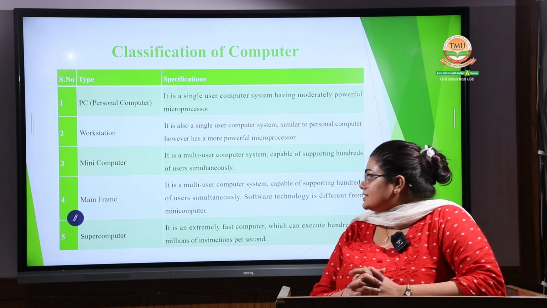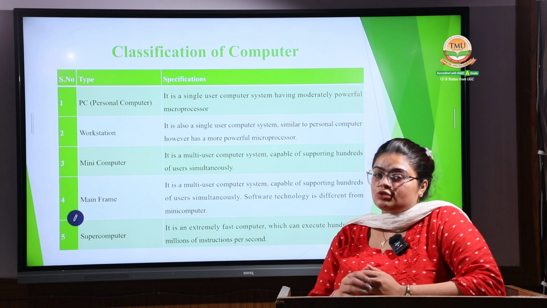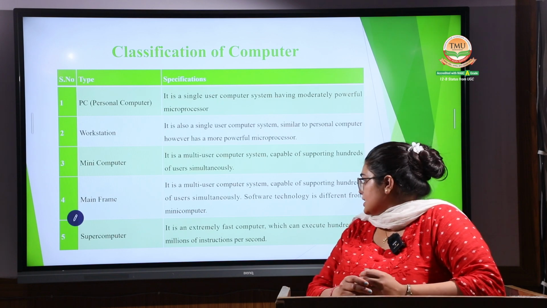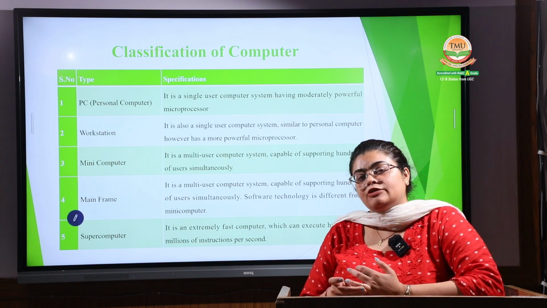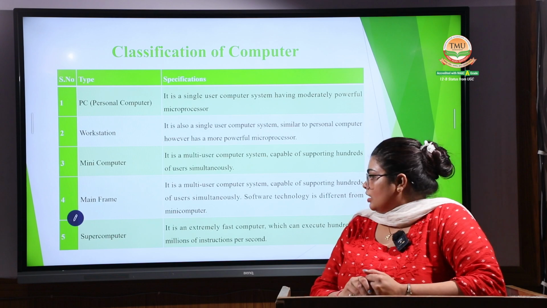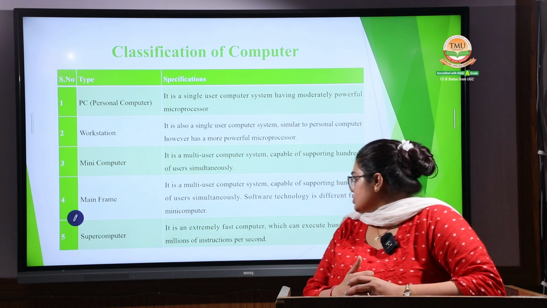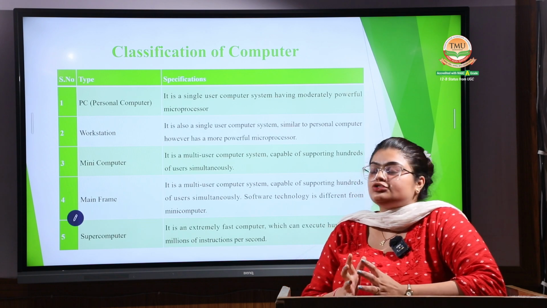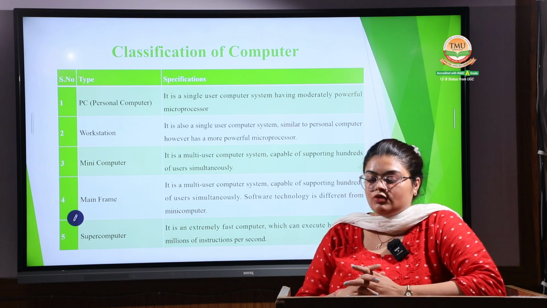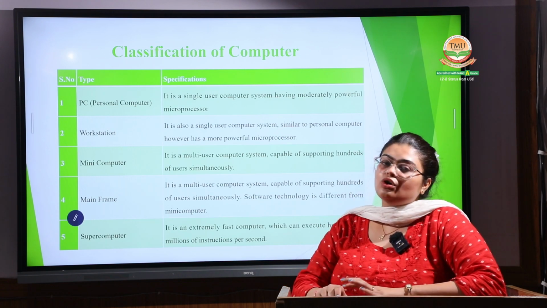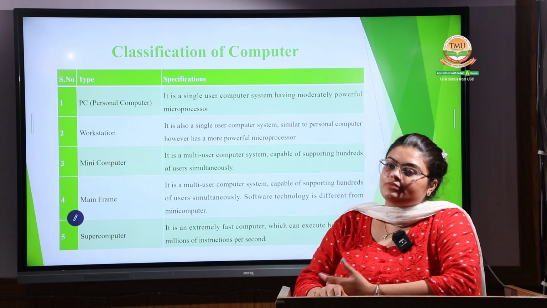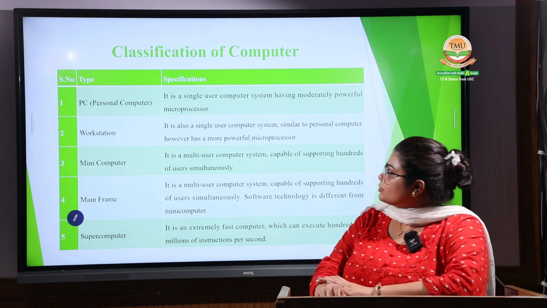Mainframe computers are capable of supporting hundreds or more than hundreds of users simultaneously and also use different types of software technologies. Supercomputers are extremely fast computers which can execute hundreds of millions of instructions per second. So, in the normal form, there are these 5 classifications of computers.